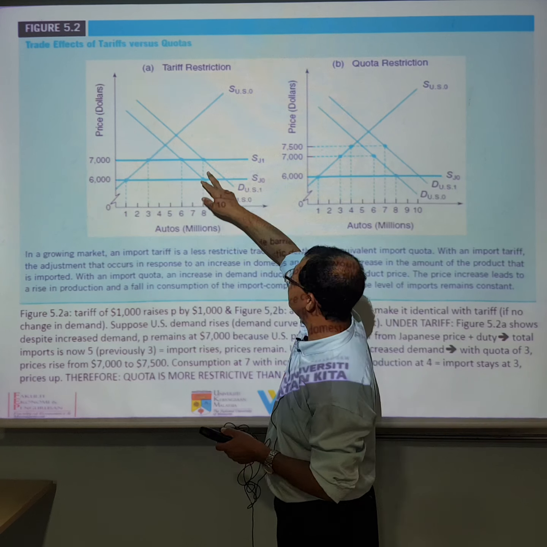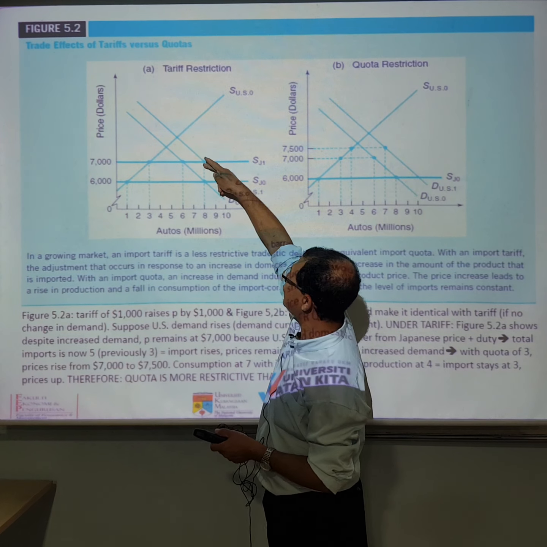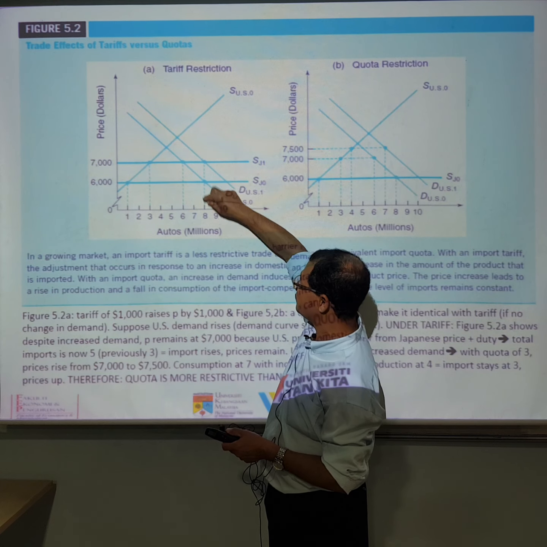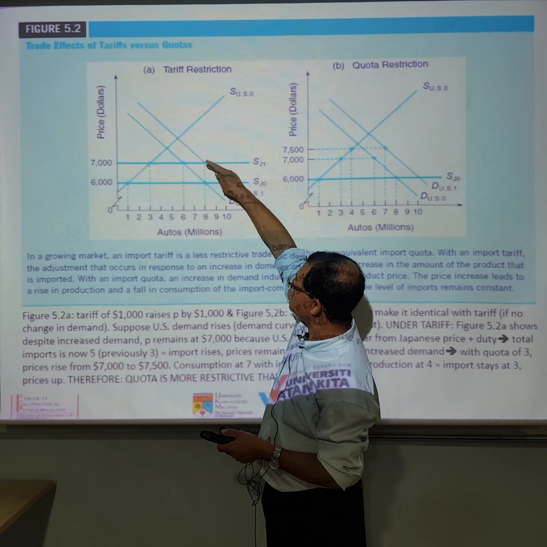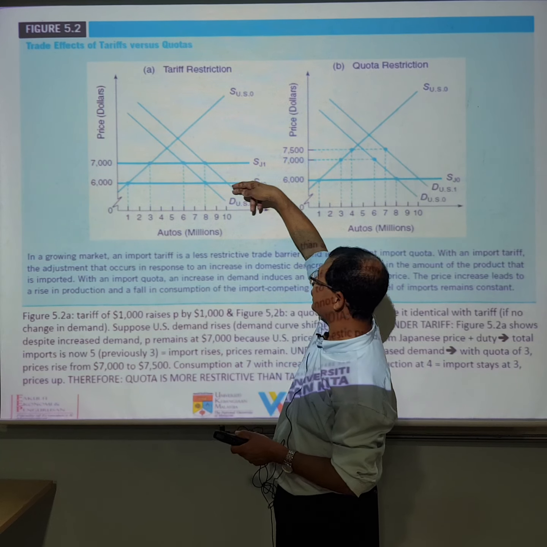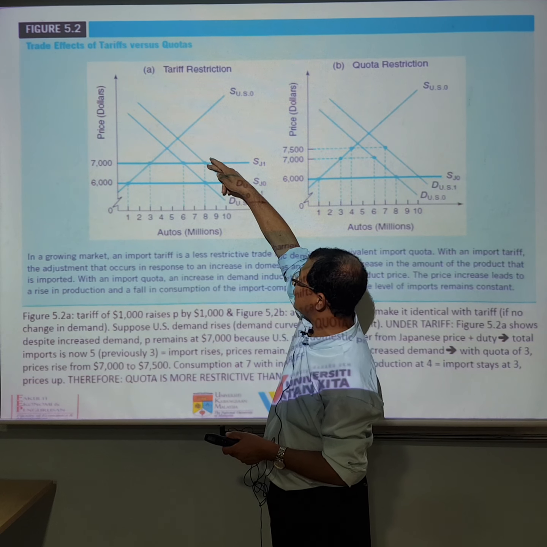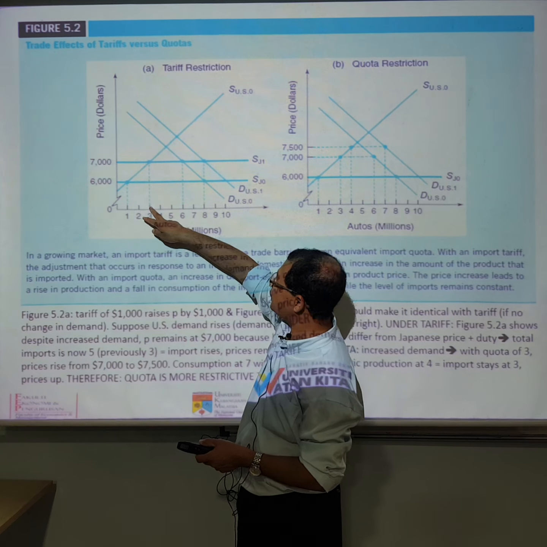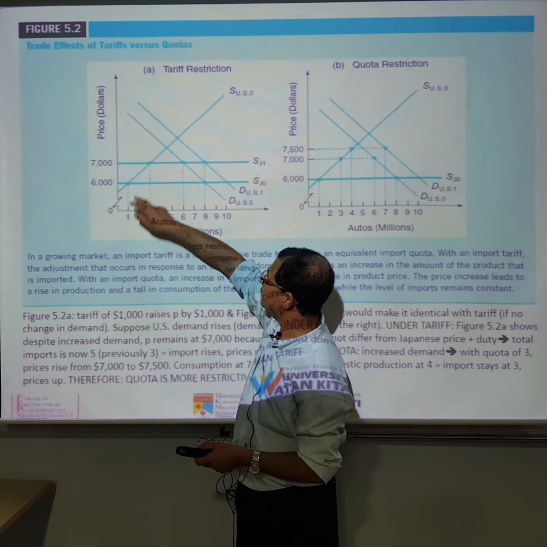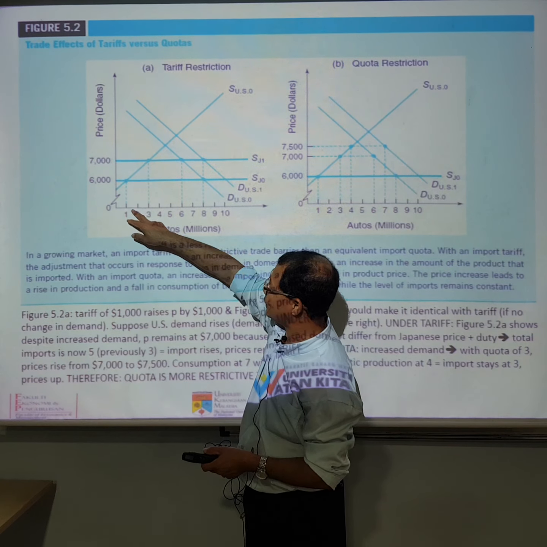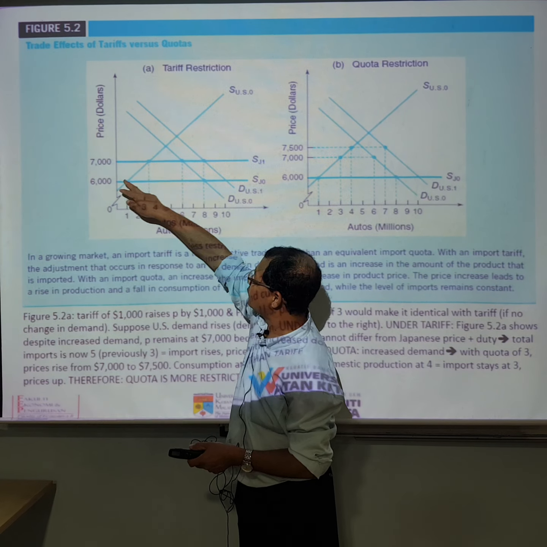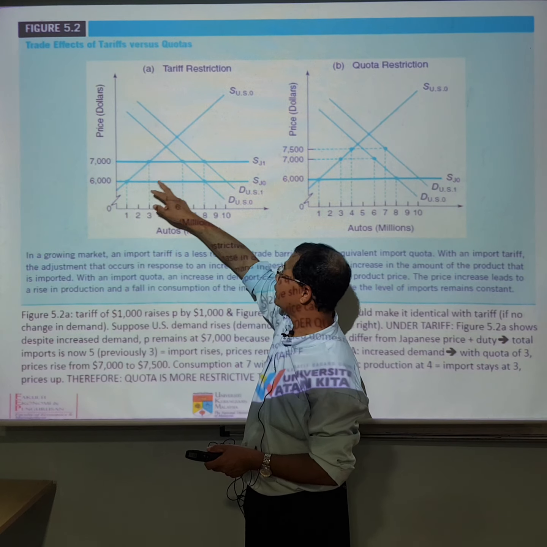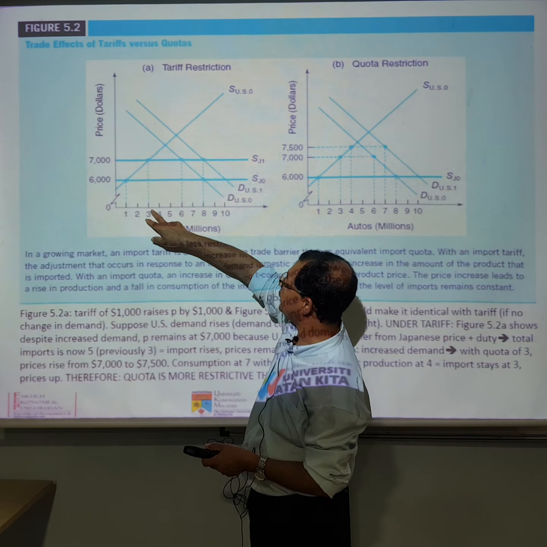So now, here is the relevant point of intersection, and D is the consumption. So the United States consumes 8, produces 3, just like before. This is quota. This was free trade. This is the tariff.